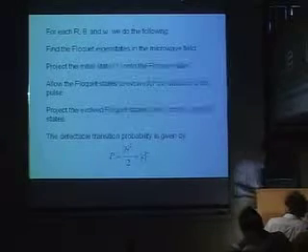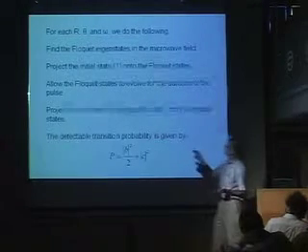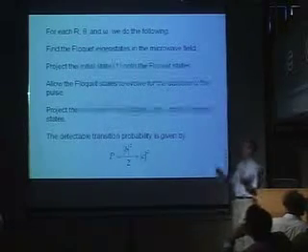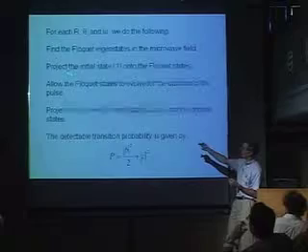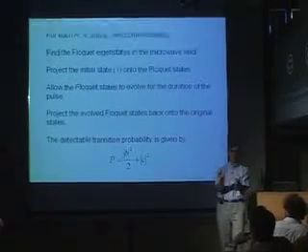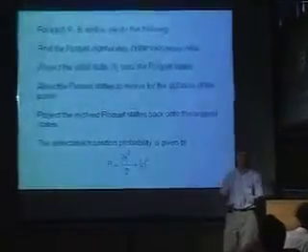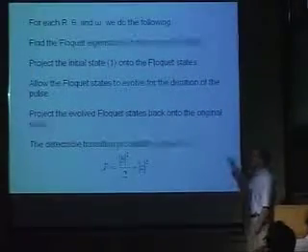All right. So then, how do you actually do this? For each value of r, theta, and omega, you can calculate the Floquet eigenstates. You simply project the initial state, that's both atoms in the S state, onto the Floquet states, and let them evolve for the duration of the microwave pulse.